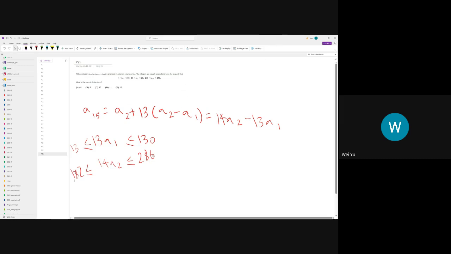Sorry, it looked like a 6. Okay, so this value minus this value has to be from 241 to 250.